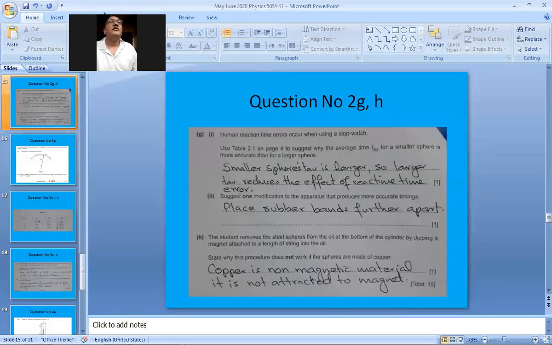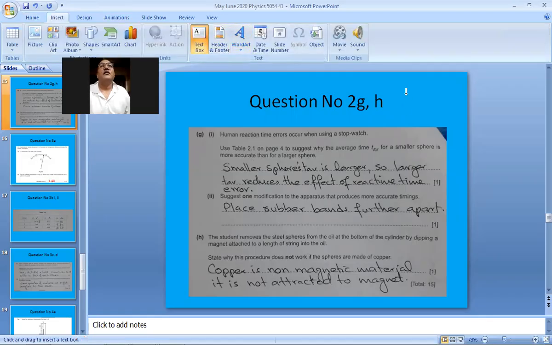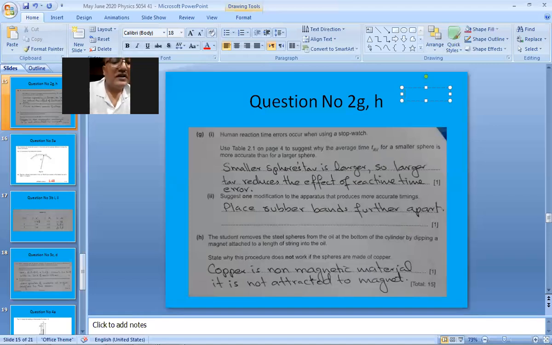Okay. So the word here is reaction time. Basically that word is reaction time.